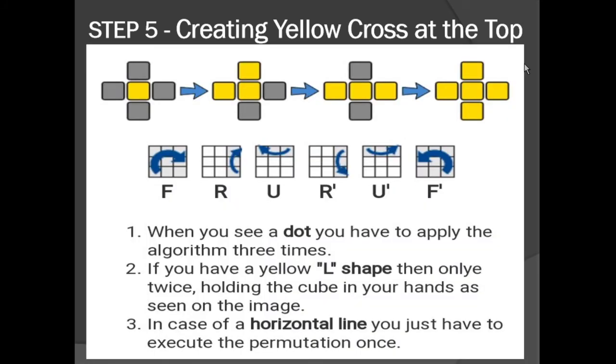And then next, for step 5, we need to create a yellow cross at the top. The yellow cross is a repetition of this algorithm. After you finish solving the second layer, look at the top of your Rubik's Cube and see the yellow part. Consider these 4 patterns: a dot, an L shape, a horizontal line.